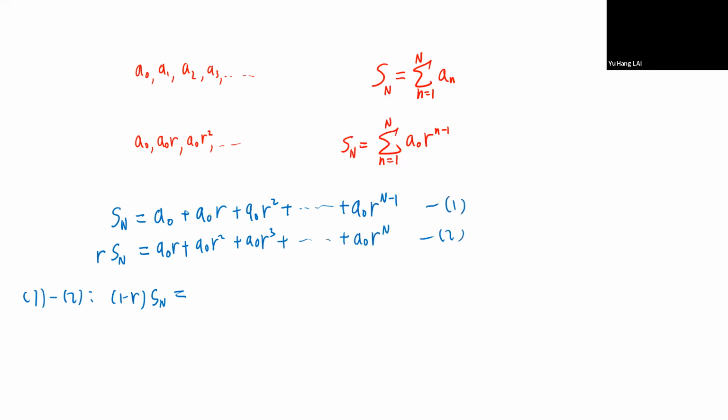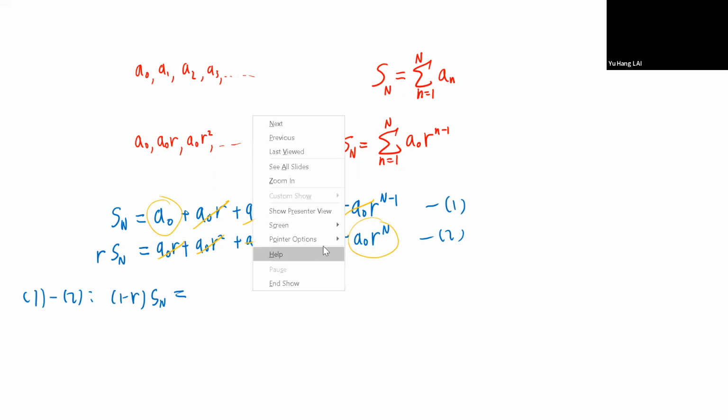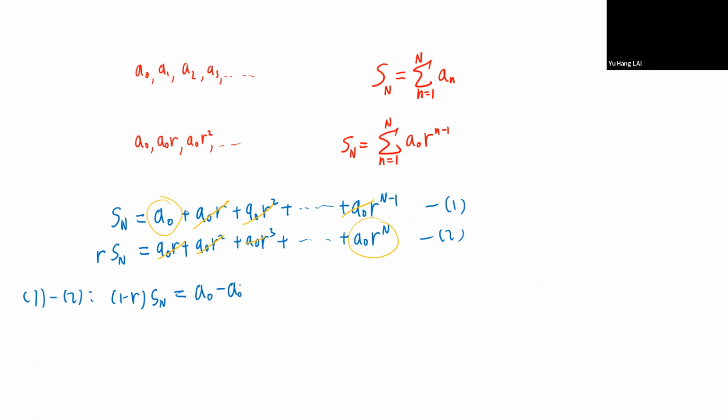So this will cancel with this, will cancel with this, and so on. At the end, the only two surviving terms are this one and this one. Therefore, the right-hand side is simply a naught minus a naught times r to the capital N.